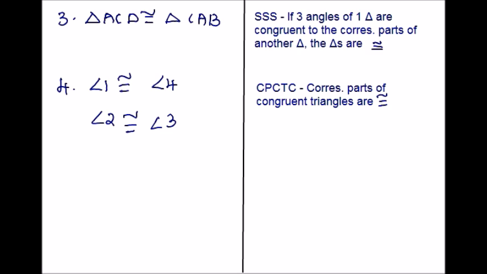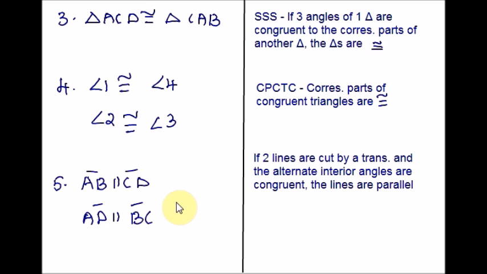If 2 lines are cut by a transversal and the alternate interior angles are congruent, then the lines are parallel. So using that reason, we are going to say that AB is parallel to CD and AD is parallel to BC. So the figure has 2 sets of parallel lines.